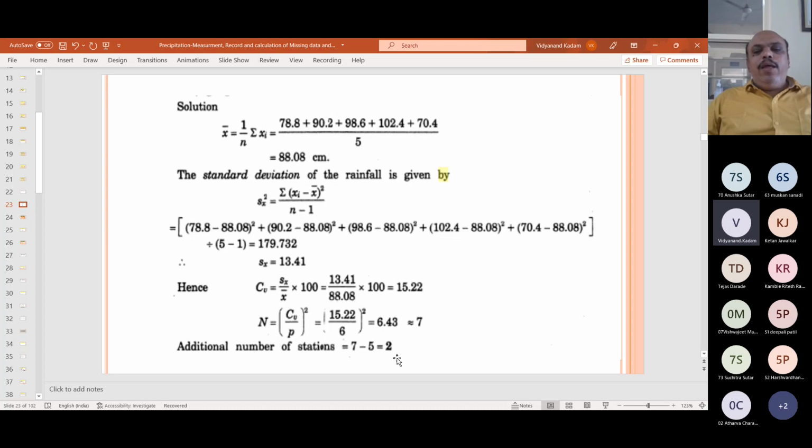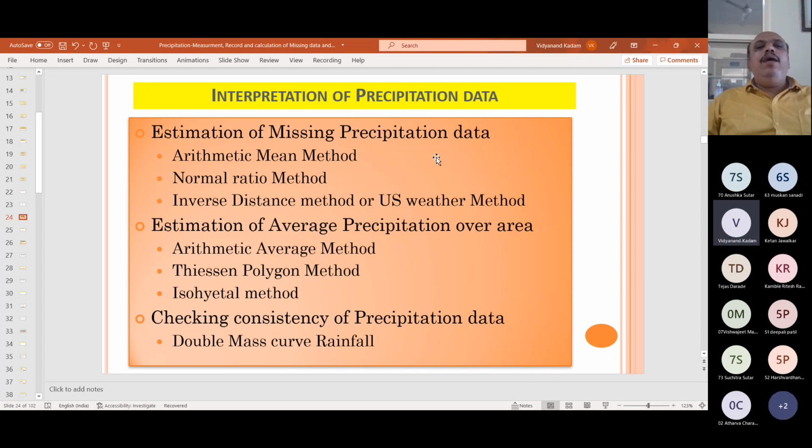Based on the area, these rain gauge stations are uniformly distributed. That is one factor. The other factor is the topography. The location is decided accordingly. This we learned in the previous lecture.